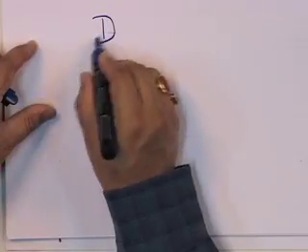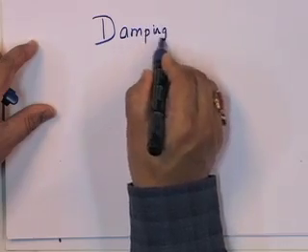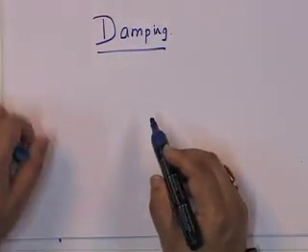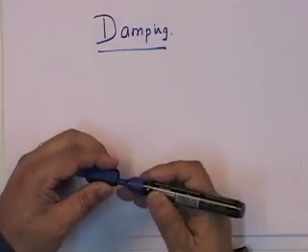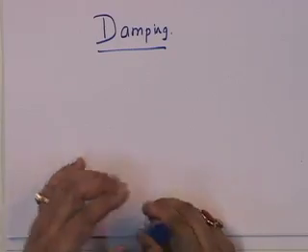Now, here I must add that there are various models for energy loss in the system, and this energy loss is actually classified as damping. So, what we say is this energy loss is by damping, because what you are essentially doing is damping out the vibration of a structure.